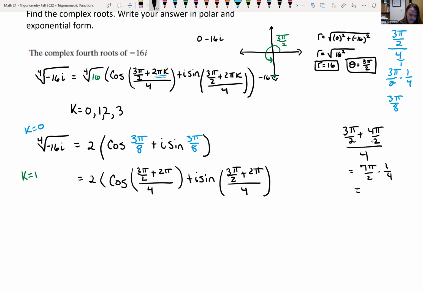So this gives me 7 pi eighths. So this is equal to 2 cosine of 7 pi eighths plus I sine of 7 pi eighths.